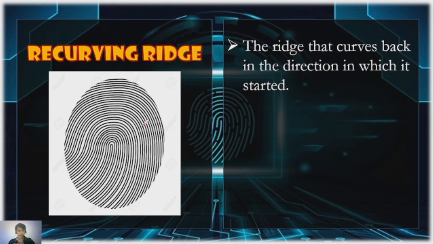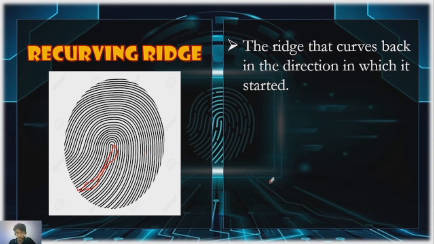Bakit ko nasabing there are lots of recurving ridges? As you can see here, this is the starting point of the ridge. It starts here and goes up and then curves back from the direction in which it started.